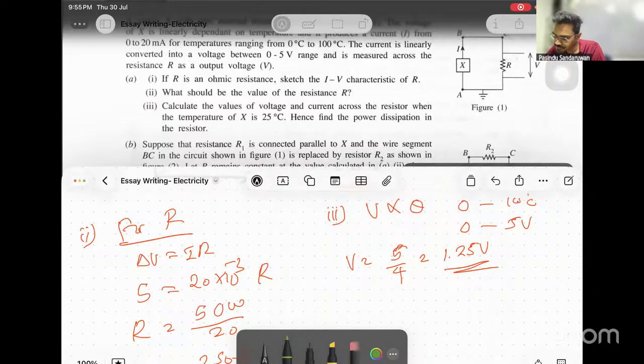Right. Then voltage and the current. Right. Then the new current.